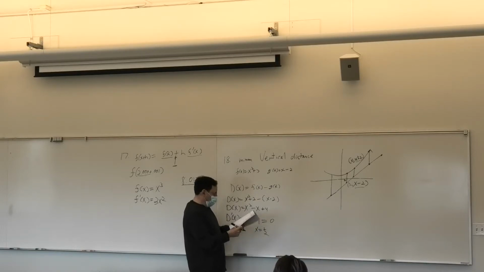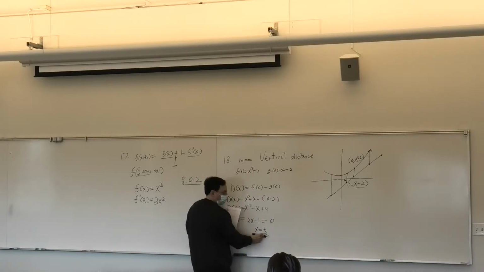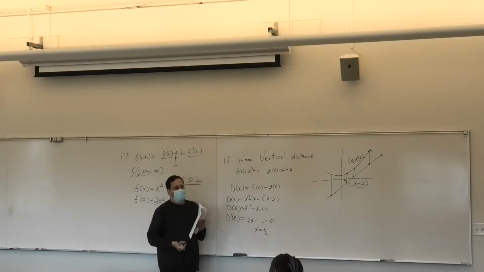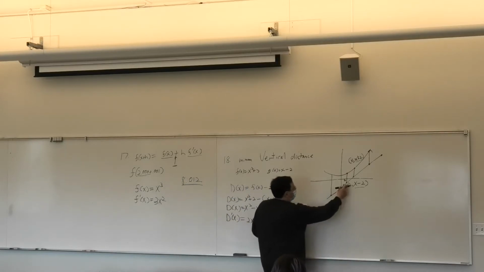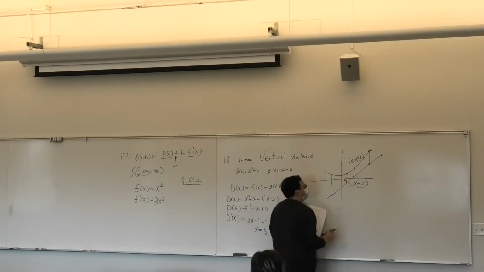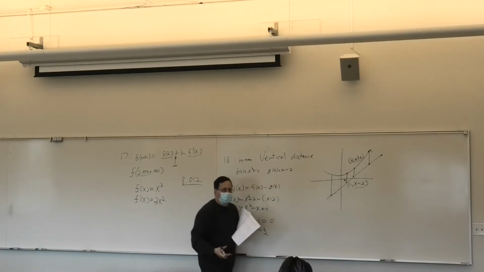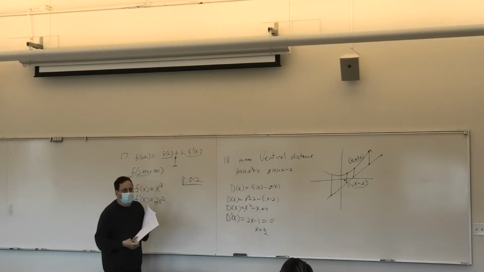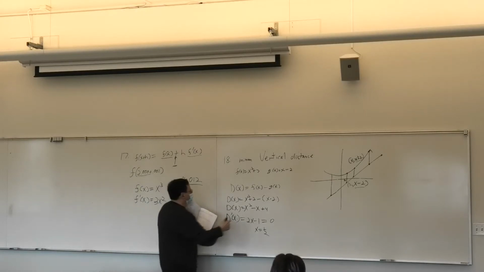It says, what is the minimum vertical distance? So this is where the vertical distance is a minimum. Instead of half, this is the vertical distance. It's the difference between the y coordinates. So which function do you plug 1/2 into to get that distance?